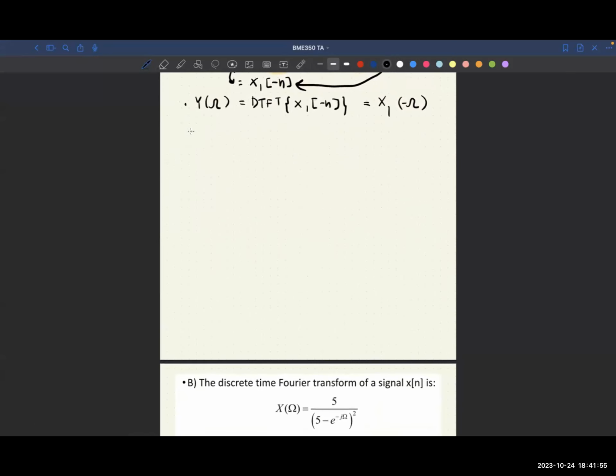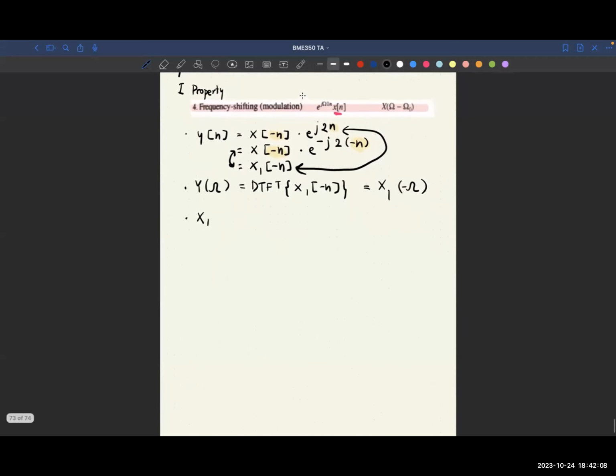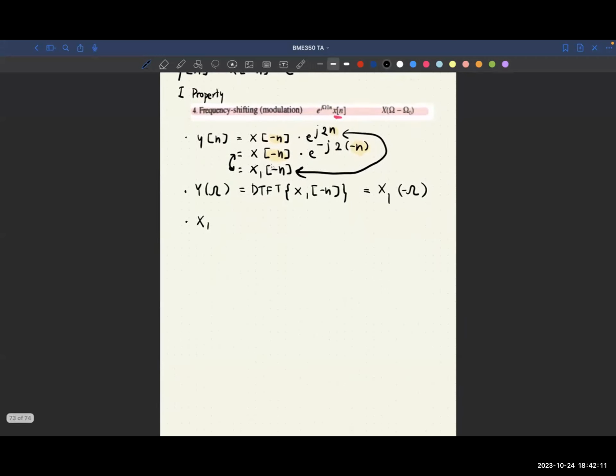You just note that down. But since we know that x1 of omega is the discrete time Fourier transform of x1 of n, which is the original signal here, right?